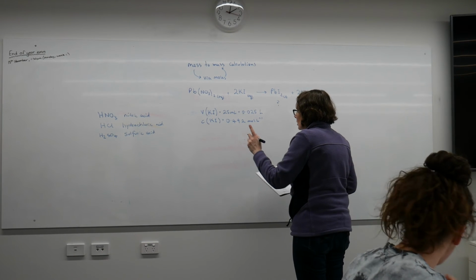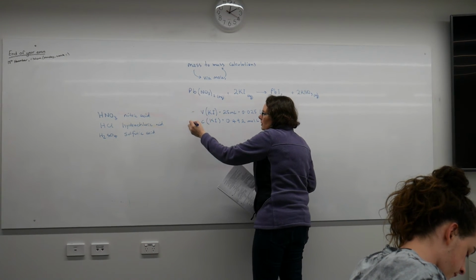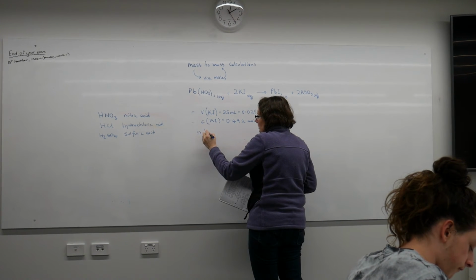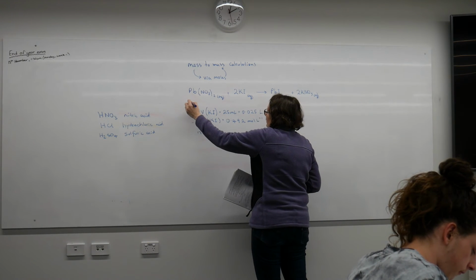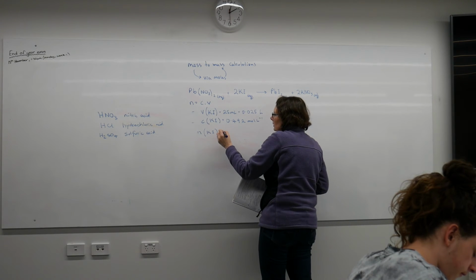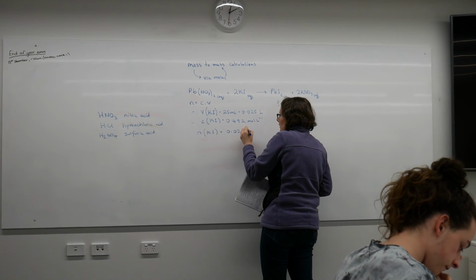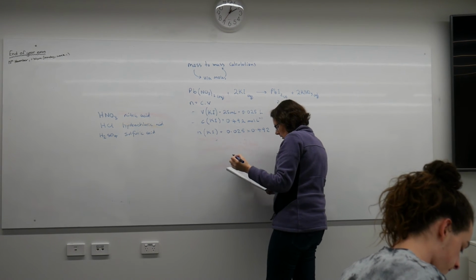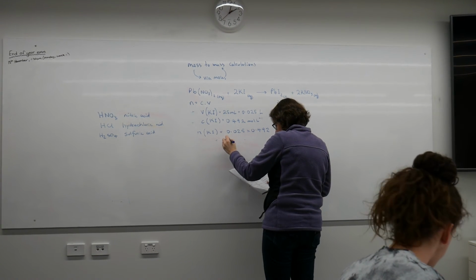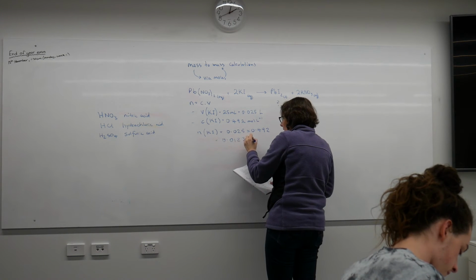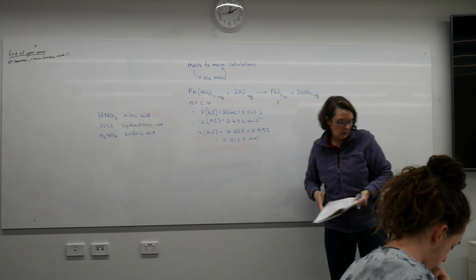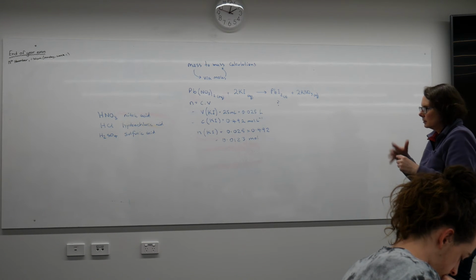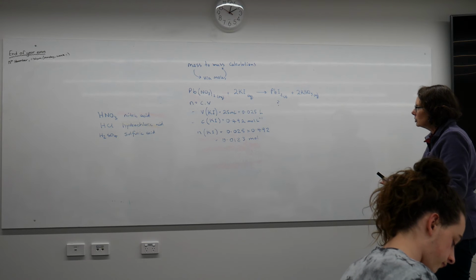Now, again, because we've got our volume and our concentration, the first step is going to be to find the moles of potassium iodide. So n will equal c times v. And that gives 0.0123 moles. So we've used the information given in the volume and the concentration from the question.